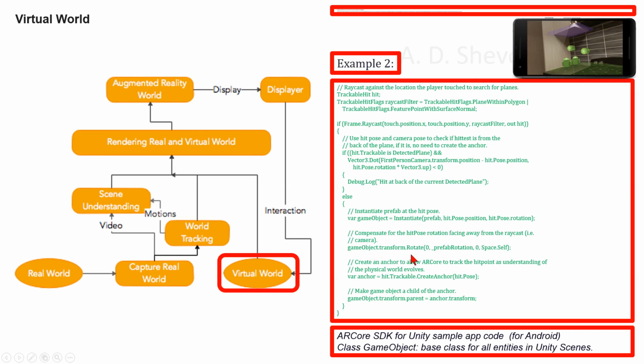Compensate for hit pose rotation facing away from raycast, that is camera.